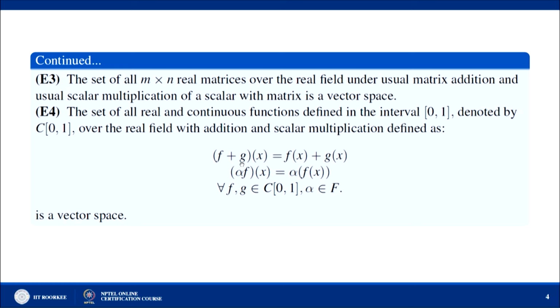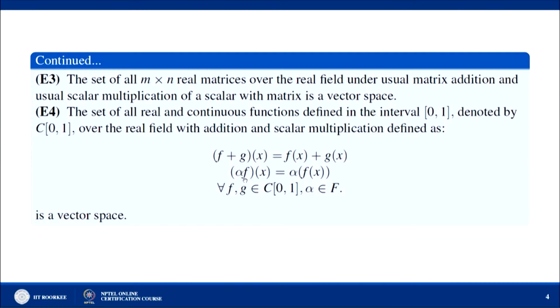Also (f plus g)(x) is equal to f(x) plus g(x), which is the same as g(x) plus f(x), that is g plus f, so the commutative property holds, and it also satisfies associativity. That means V with respect to plus is an abelian group.